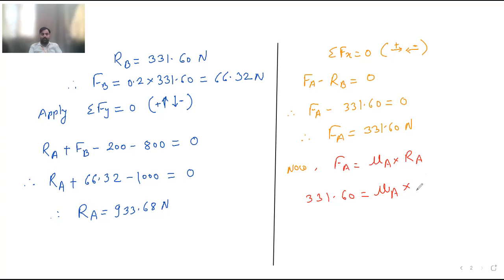What is the value of RA? 933.68. Therefore mu A is equal to, let me know the value of mu. 0.355. This is the value of mu. This is your final answer.